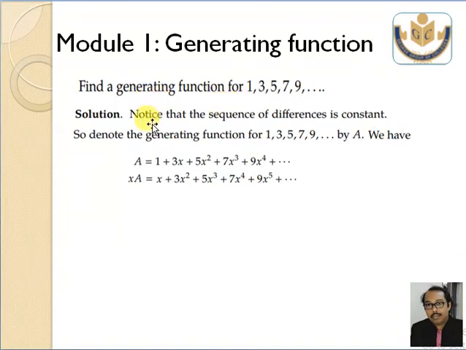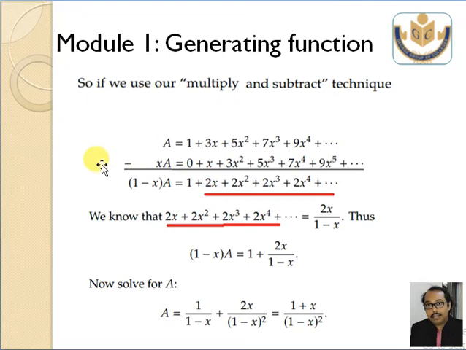So one more question: find the generating function for 1, 3, 5, 7 and 9. Now how to solve it? Just write a is equal to 1 plus 3x plus 5x square plus 7x cube plus 9x to the power 4, and then write ax is equal to this, correct? And see what I am doing. I am multiplying this by x and subtracting.